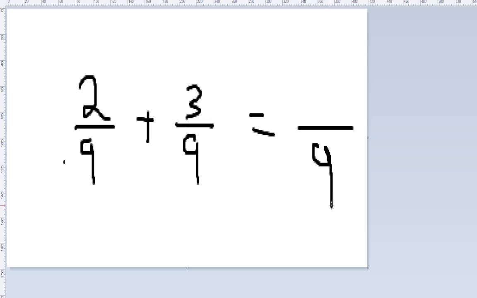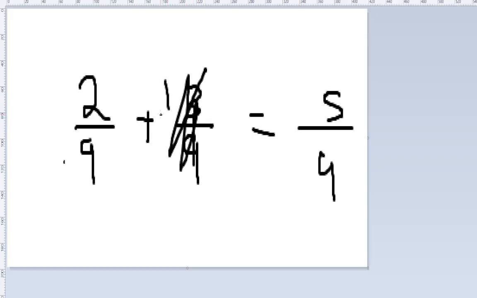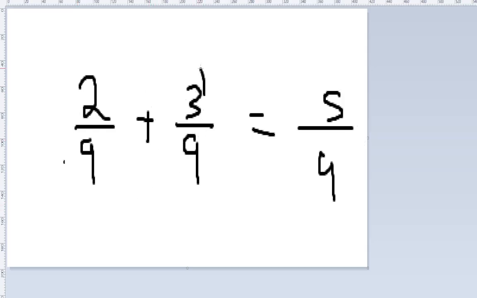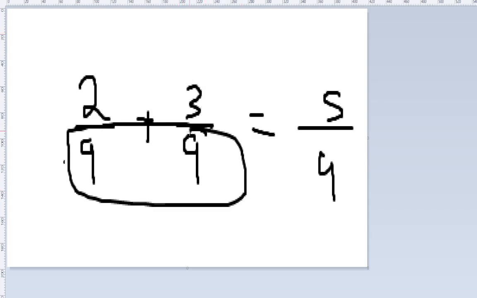And the top, I can simply add them. 5. So I can see that 2 over 9 plus 1 over 3 is 5 over 9. But I could not have easily seen it in this form. It wasn't until I converted it to this form that I can do it. And that's the second rule.